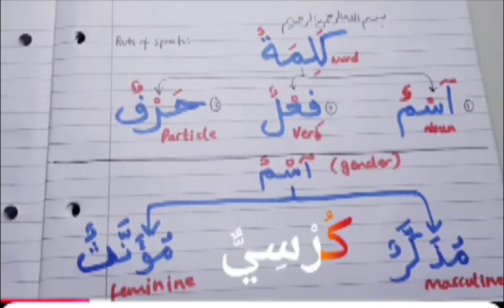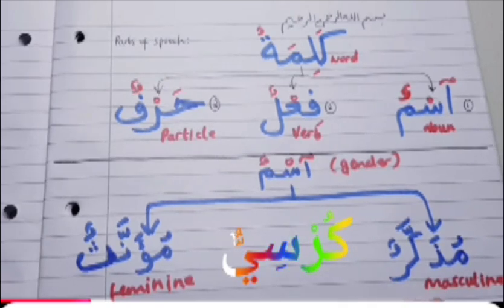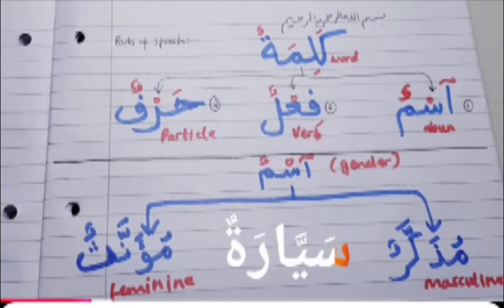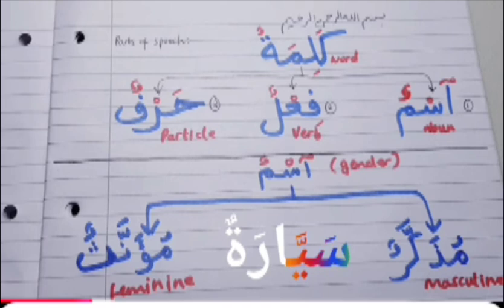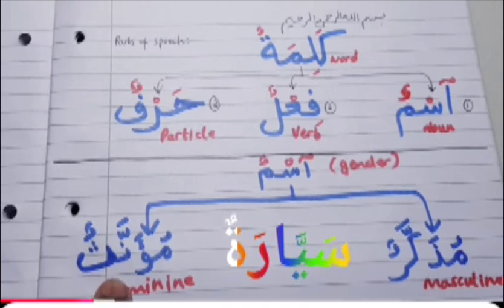For example, kursiyun means chair. This noun has a gender, and the gender is masculine. Another example, sayyaratun is a car. The gender of a car in the Arabic language is feminine.